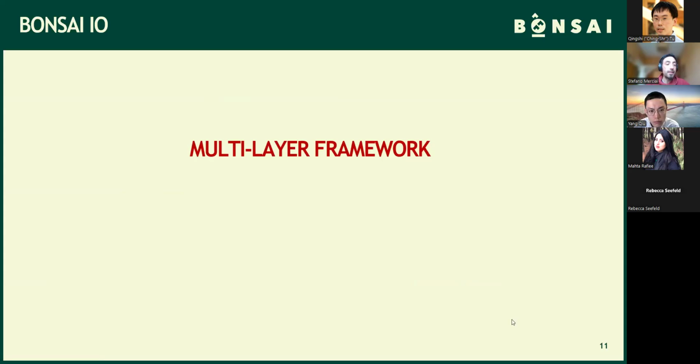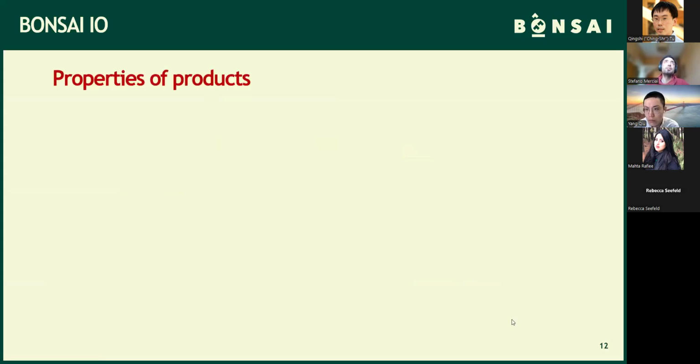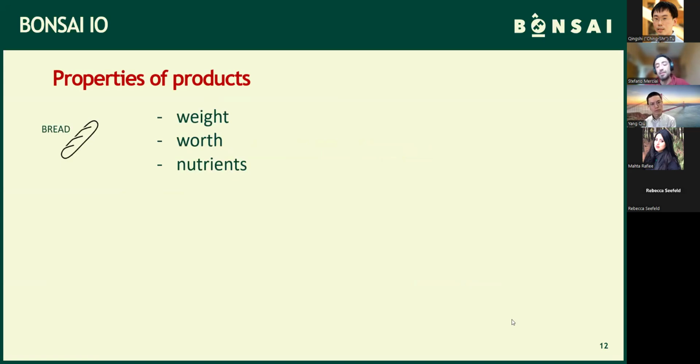An important thing is the multi-layer framework. This is perhaps a peculiarity of Bonsai. Let's assume that in society you have so many different products, and each product might have some specific properties. For example, bread can have a weight, an economic value, a nutrient content of carbs and protein and so forth.